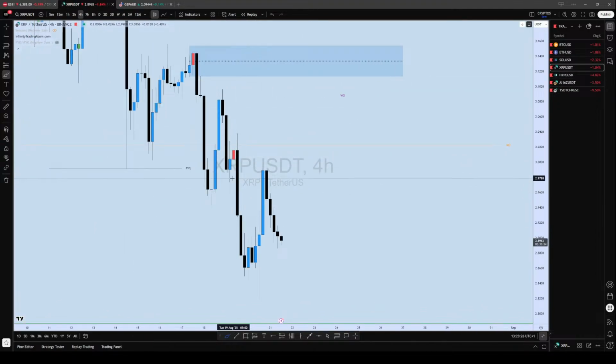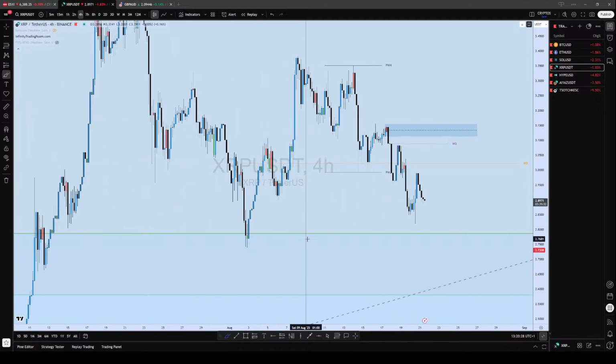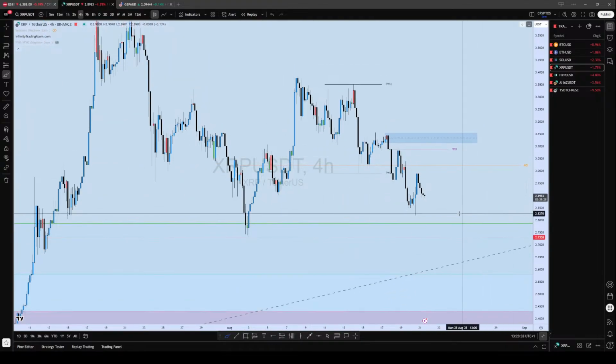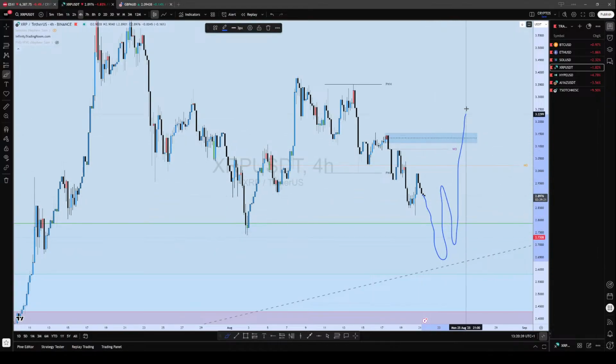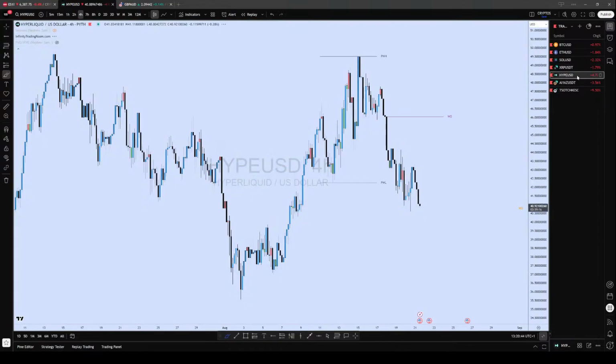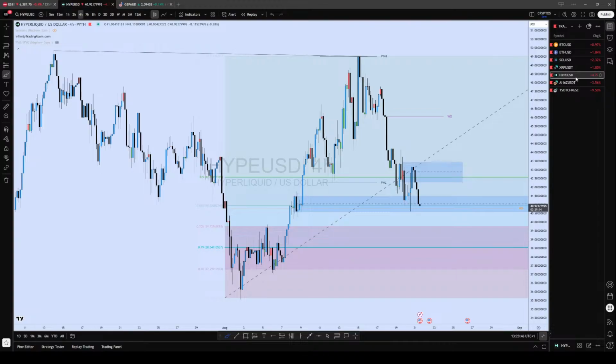Ripple, we didn't break, and we are likely gonna come back down, so expect lower prices on Ripple as well. Something like this to go back up. And Hype, same thing, we couldn't break that up candle, so we've now dipped back down again, and I'll want to see them reject and go back up.